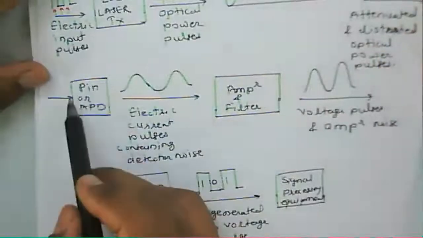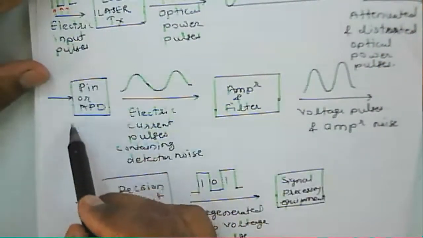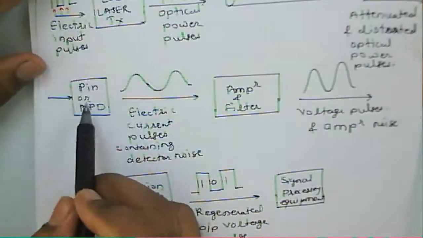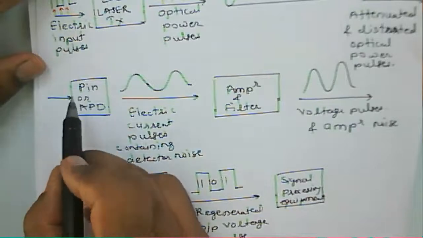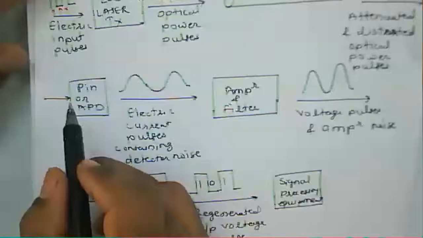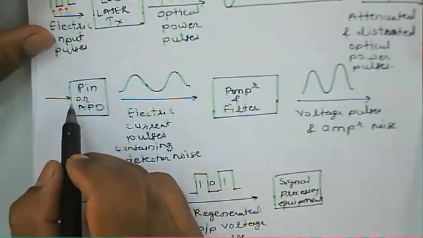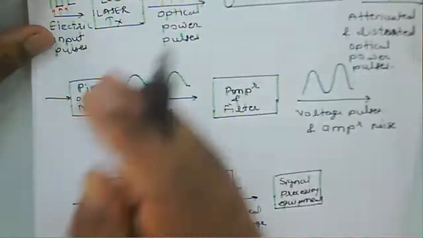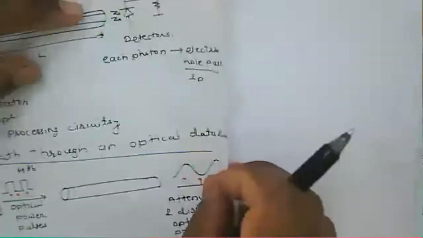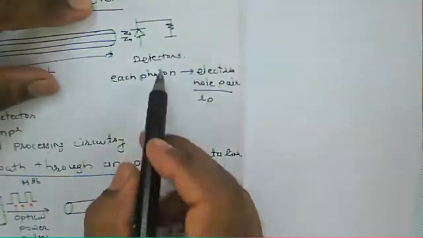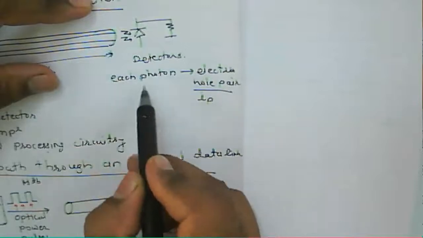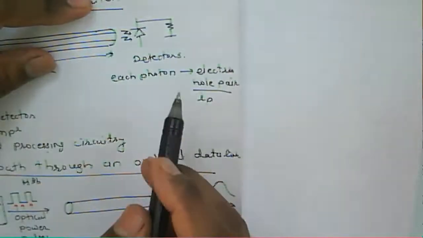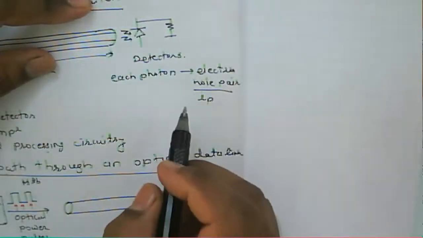And then we have a detector. Light falls on the detector and it will generate a current. As we said earlier, when light falls on the detector, each photon will generate an electron and hole pair in the case of a pin diode.